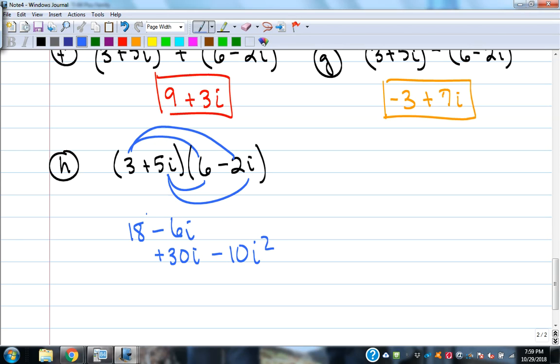We're smart. We know that i squared really turns into what? Not 1. Negative 1. So that i squared is really negative 10 times negative 1, which makes it plus 10, right?